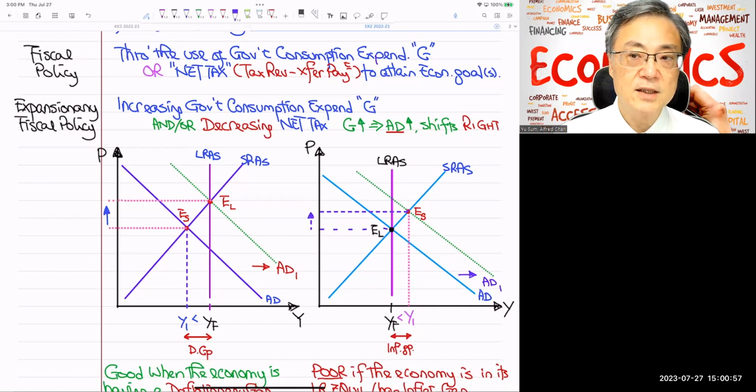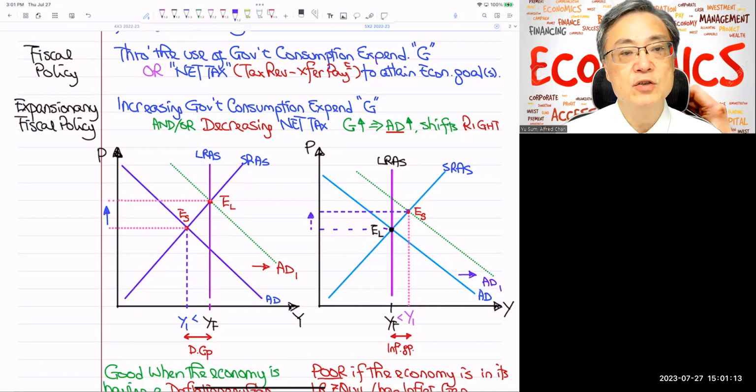So for this analysis, we try to be more specific. We use government consumption expenditure, which is G, a component of the GDP figure, as in the expenditure approach.